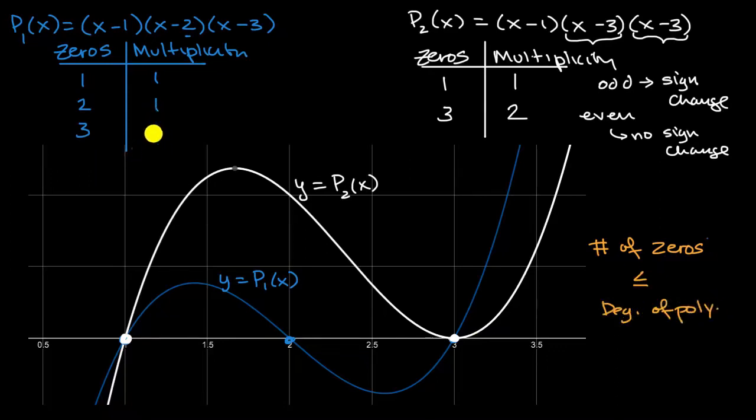Well, all your zeros might have a multiplicity of 1, in which case the number of zeros is going to be equal to the degree of the polynomial. But if you have a zero that has a higher than 1 multiplicity, well, then you're going to have fewer distinct zeros. Another way to think about it is if you were to add all the multiplicities, that is going to be equal to the degree of your polynomial.